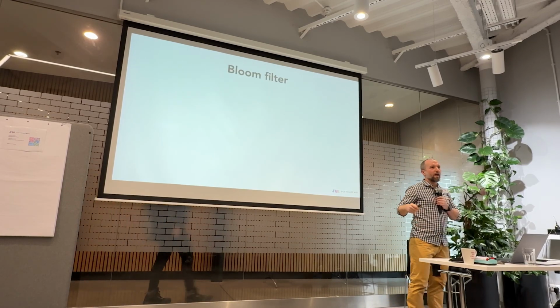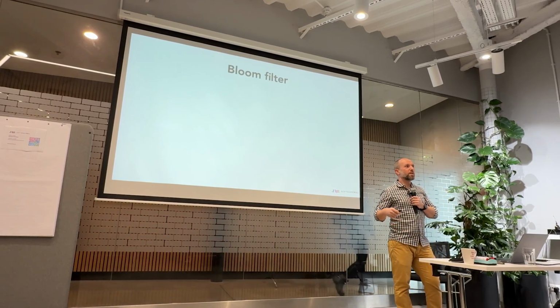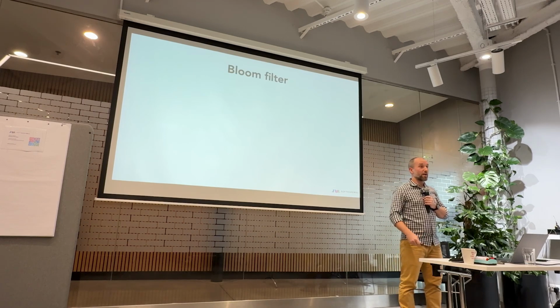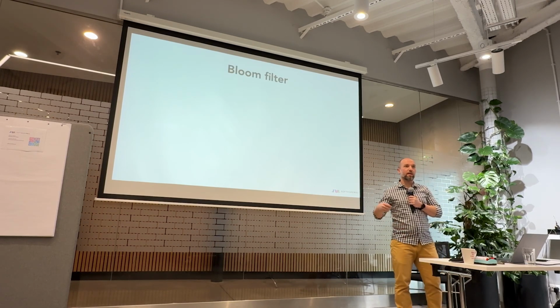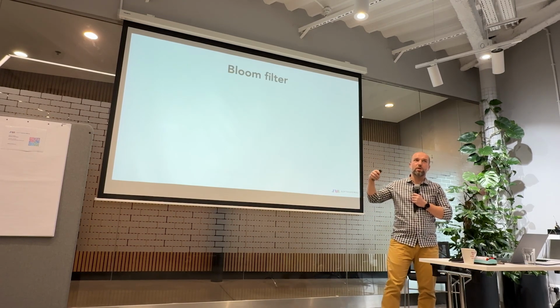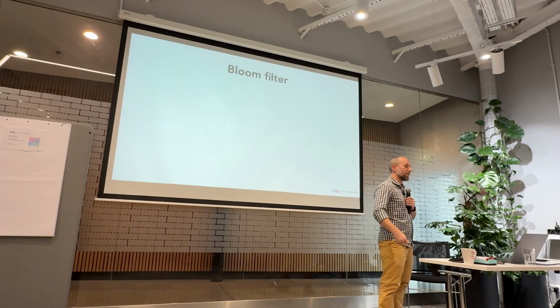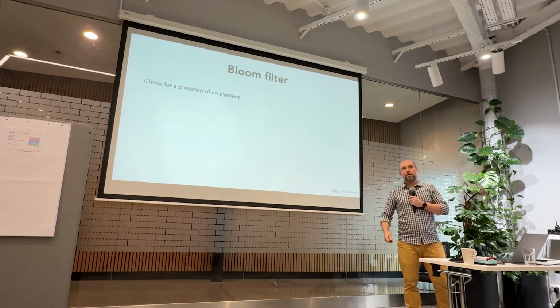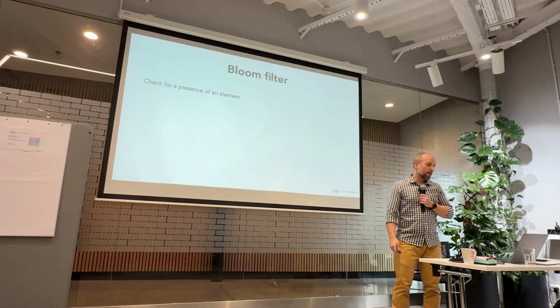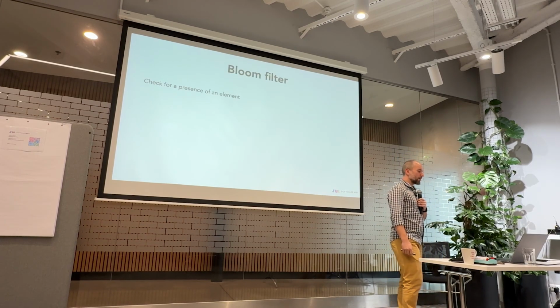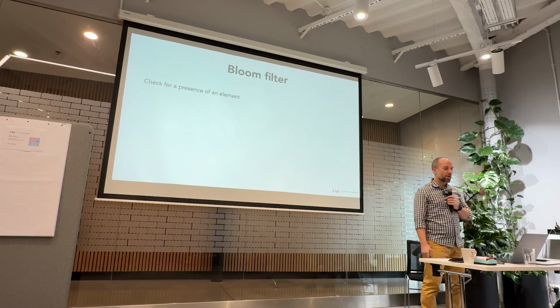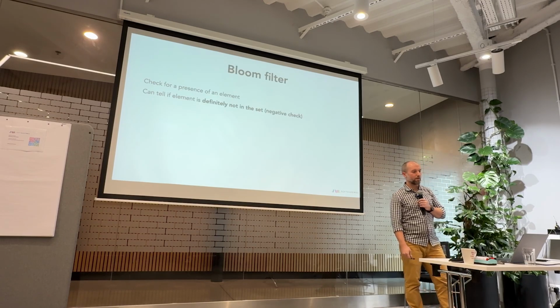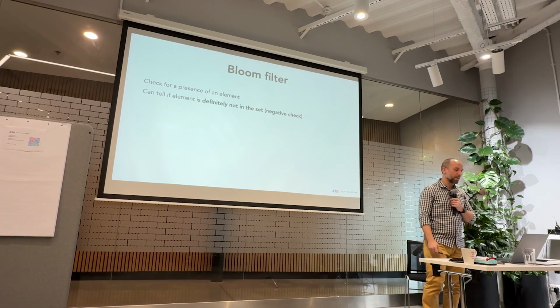And then I saw it being used, I believe, in Cassandra internally, not as a data structure exposed to the end user, but in the internals of the Cassandra database. But it's conceptually really simple and has really nice properties. It is a data structure which checks for the presence of an element in a set, in a group of elements.